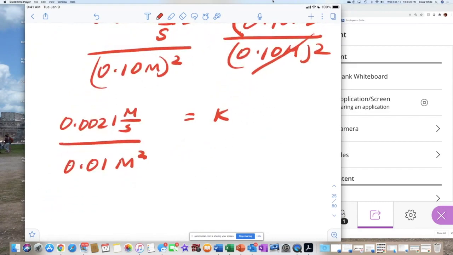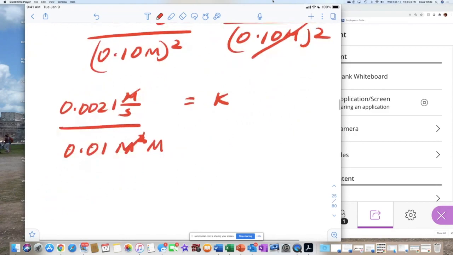So one of the M's cancels out with the top M. We're left with 1 M. As far as the number is concerned, we have 0.0021 divided by 0.01, and we end up with 0.21, 1 over molar second. This is K.